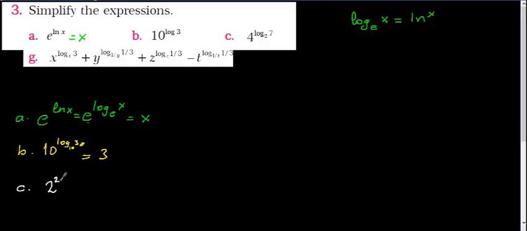So 2 squared to the power of logarithm base 2 of 7 can be written as 2 to the power of 2 times logarithm base 2 of 7, and this is going to be equal to 2 to the power of logarithm base 2 of 7, squared. The answer is 7 squared, because the exponential base and logarithmic base are equal to each other here. The answer is 49 for C1.